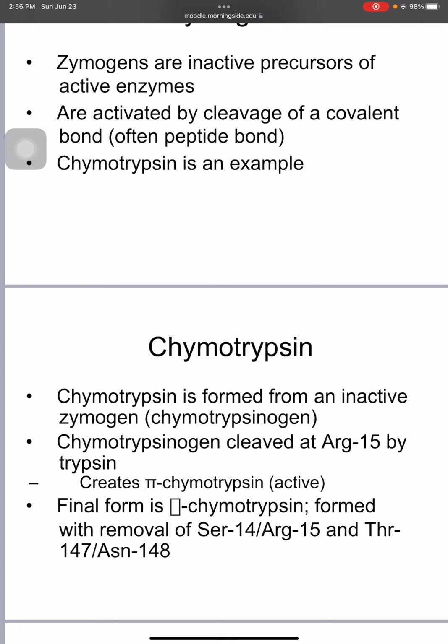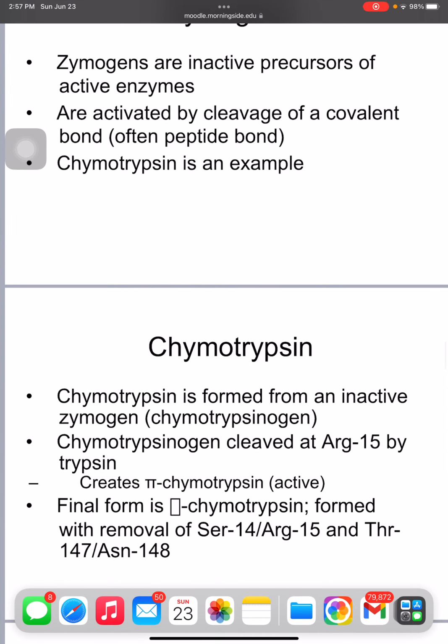We're going to be sort of pruning the amino acid chain here to make it a little bit different. So chymotrypsinogen can itself be cleaved. We know chymotrypsin cleaves other proteins, but chymotrypsinogen itself can be cleaved, and it is cleaved by an enzyme called trypsin.